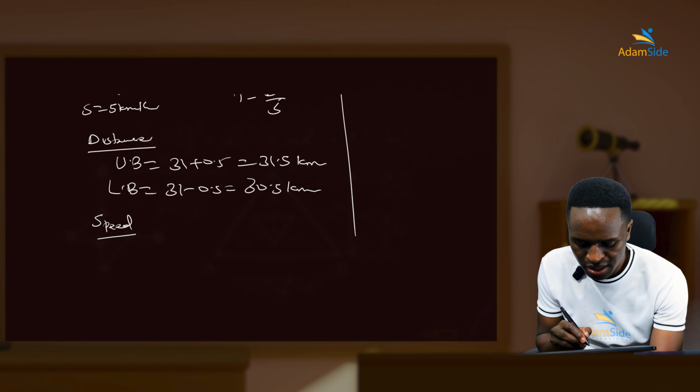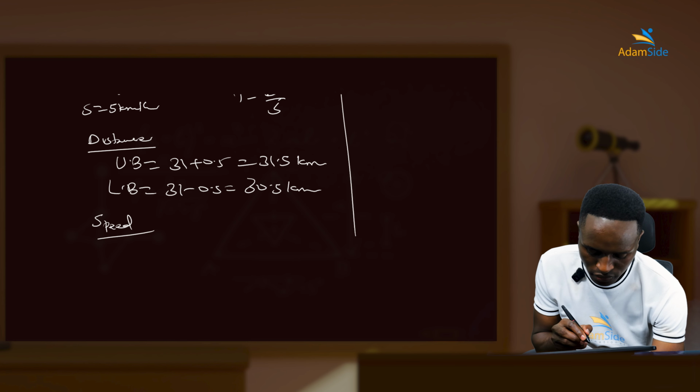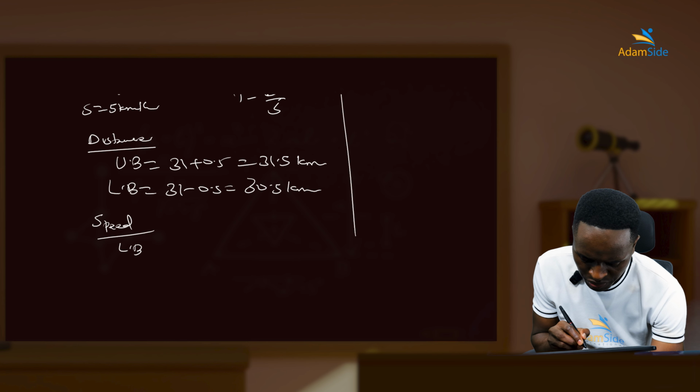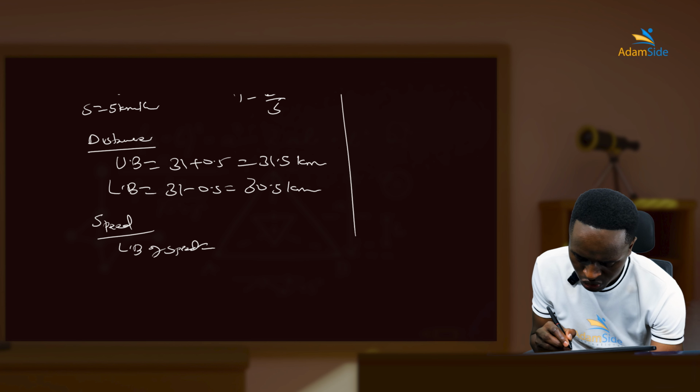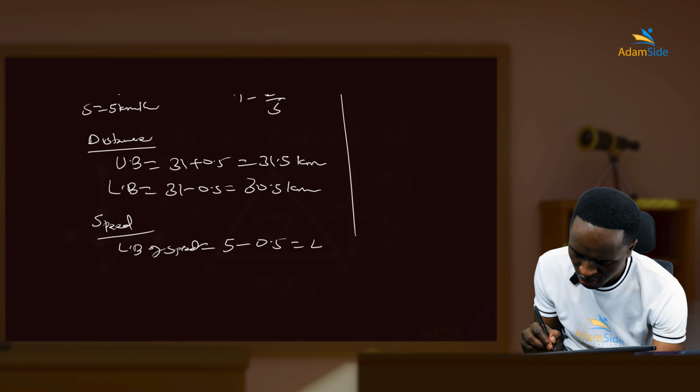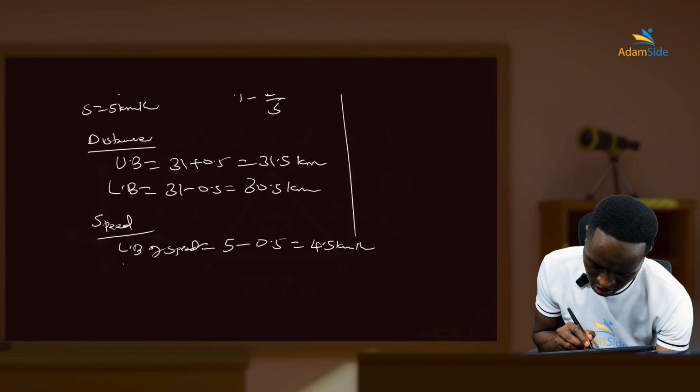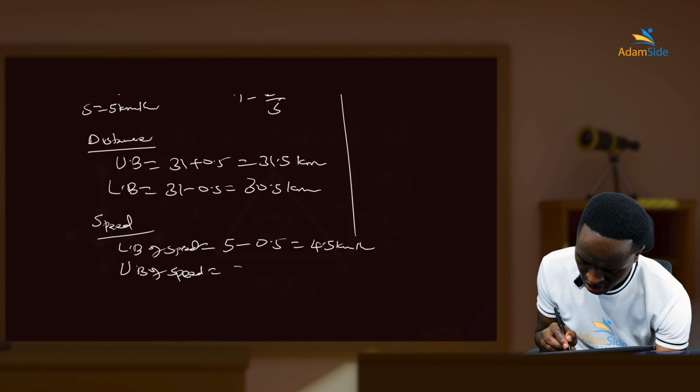And then for speed, the lower bound is equal to 5 minus 0.5, which is 4.5 kilometers per hour. And then the upper bound of speed is 5 plus 0.5, which is 5.5 kilometers per hour.